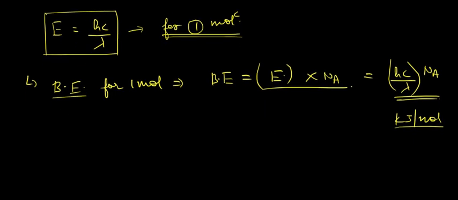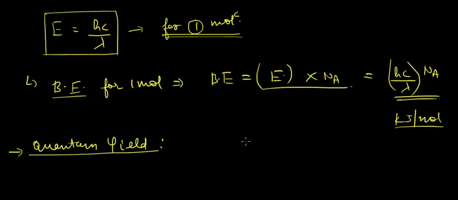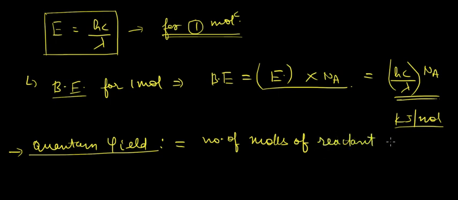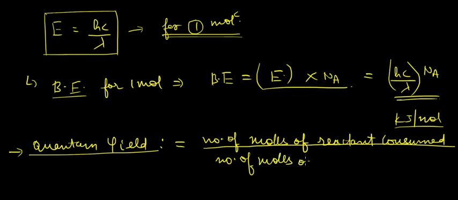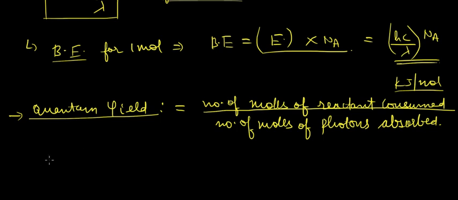Okay, now let's look into the definition of quantum yield. Quantum yield is the number of moles of reactant consumed divided by the number of moles of photons absorbed. We can also denote it with phi.